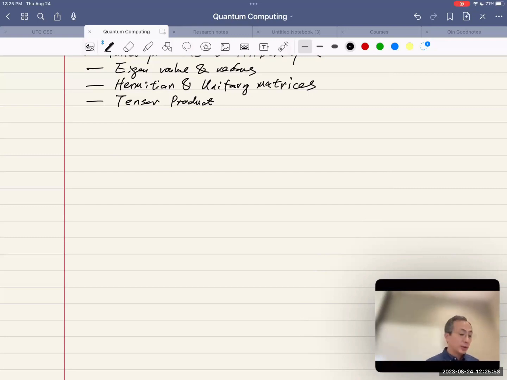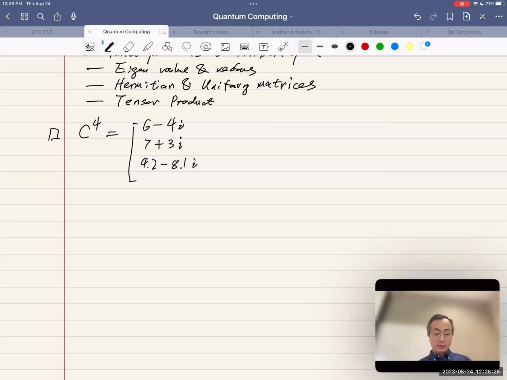So first, with the example, the book actually starts with the example of a complex vector with the length of 4, or dimension of 4. And so this is C4.